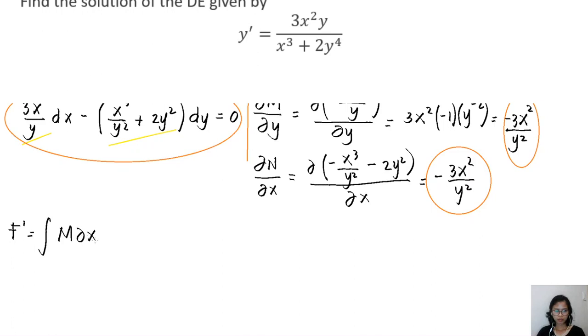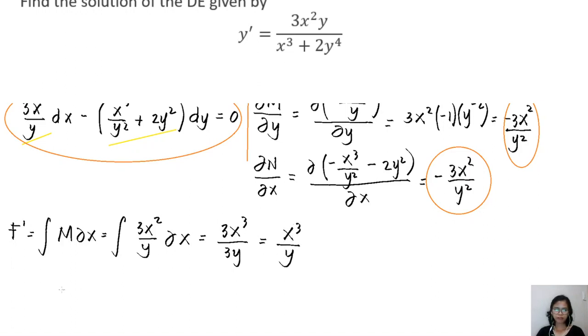M with respect to x is equal to the integral of 3x squared over y with respect to x, and x is the variable, y is considered constant. What is the integral of 3x squared? That would be x cubed over 3, power rule. So 3x cubed over 3y, which is equal to x cubed over y.